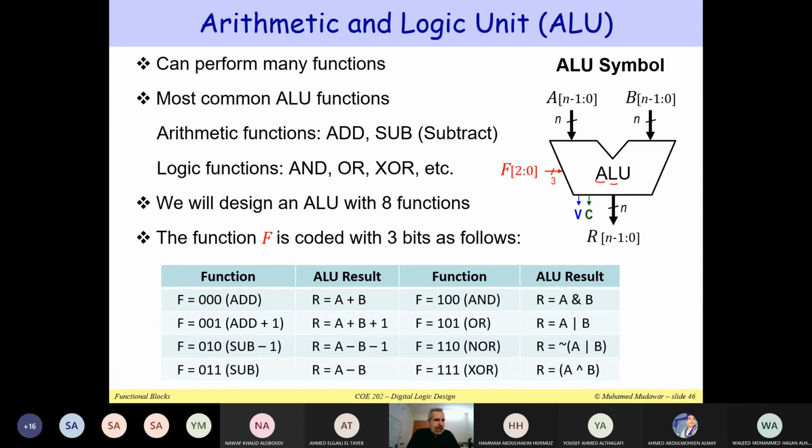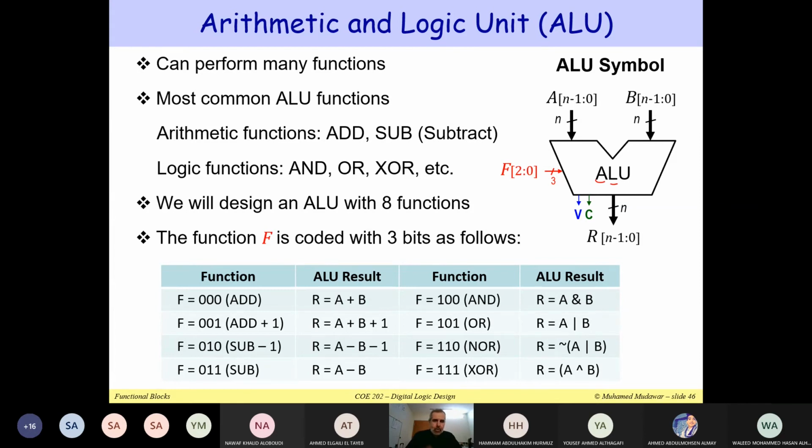This arithmetic and logic unit exists today in any computer system. If you look inside the CPU inside your computer, you will find even hundreds of these ALUs. So there are many ALUs inside your CPU.